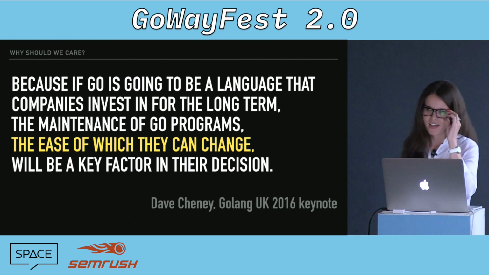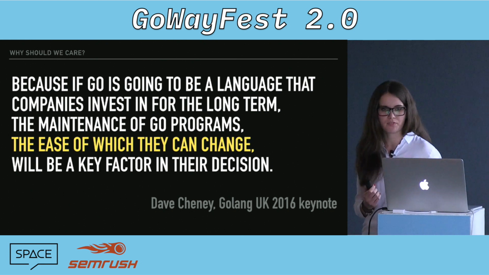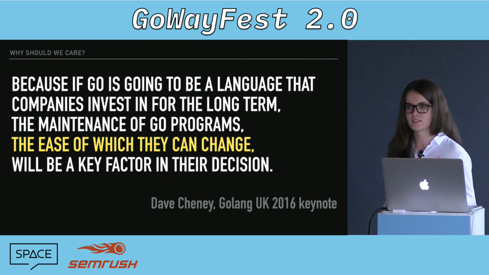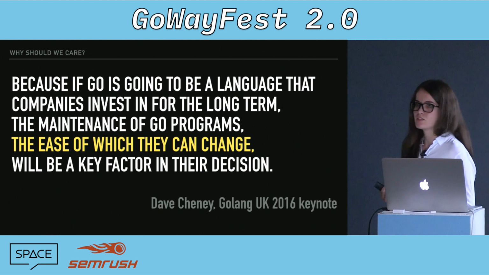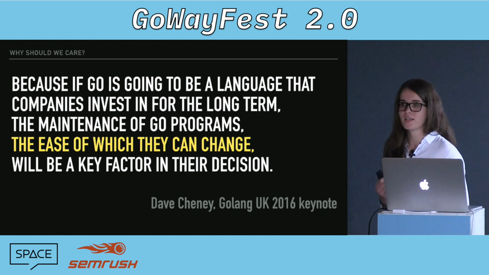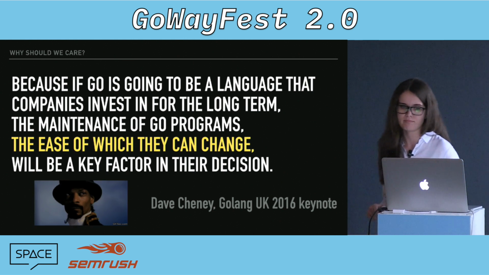Who cares? Well, Dave Cheney said in his Golang UK keynote that if Go is to be the language that companies invest in for the long run, the maintenance of Go programs and the ease of which they can change will be a key factor in their decision to pick Go for their next project.